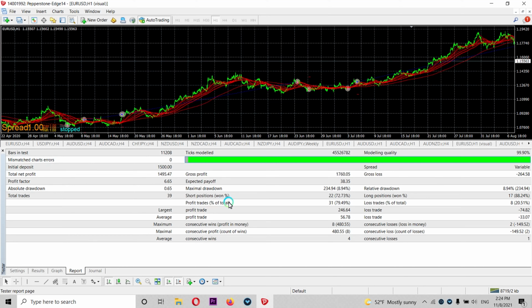Profit trades, or total profit trades, are insanely high compared to the data, and the average profit trade is more than the average loss trade. And not just that, it's almost double. That is insane compared to the data that I see here.